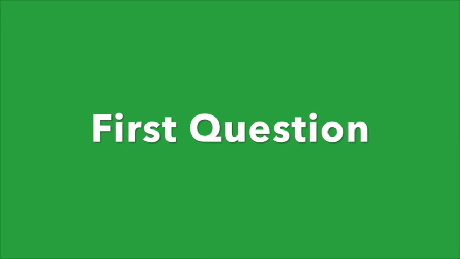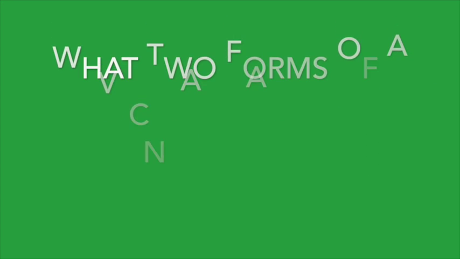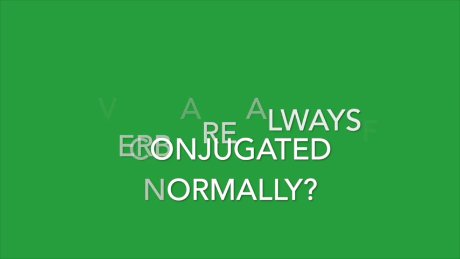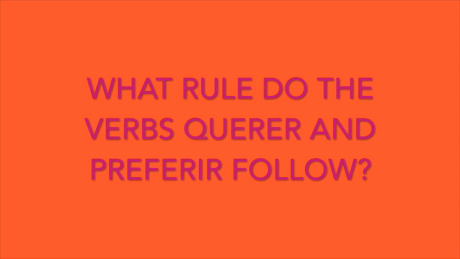Alright, first question. This should be easy. What two forms of a verb are conjugated normally for all of our vocab? Yes, nosotros and vosotros. Okay, number 2. What rule do the verbs querer and preferir follow? Very good.